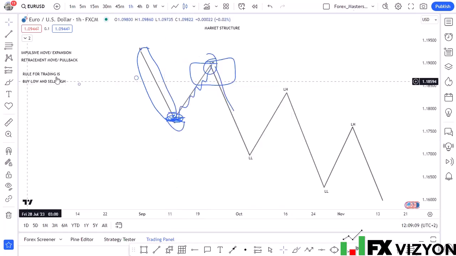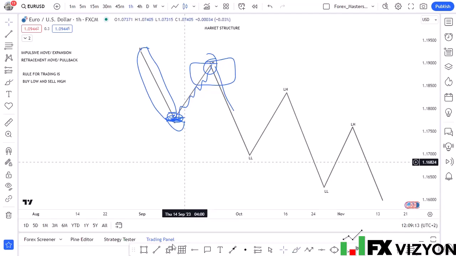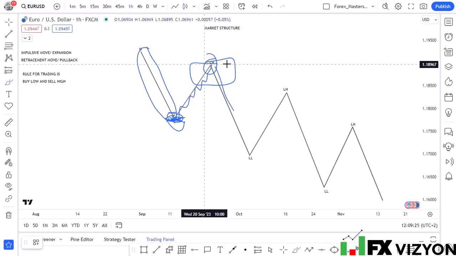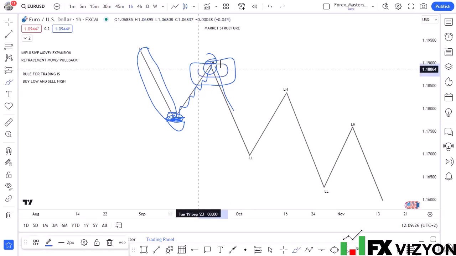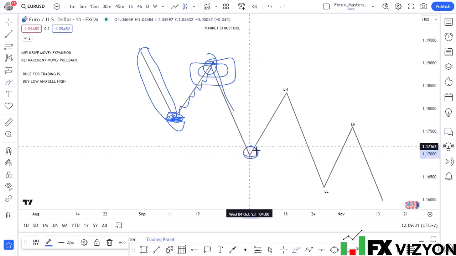You have to buy low, sell high, meaning that you have to wait for the market to become overbought, if I can use that term. Once the market becomes overbought, then you can jump into the market and begin to sell from right there. Of course, it has to come after a confirmation. Same here. You don't sell here, or rather try to buy here.